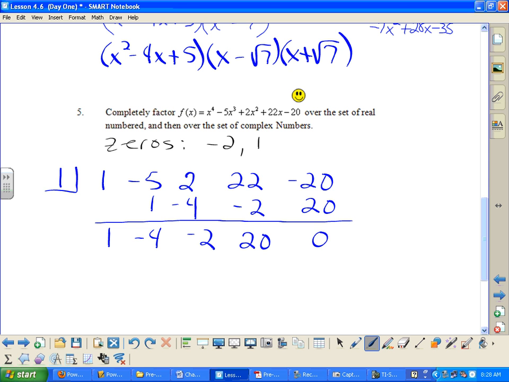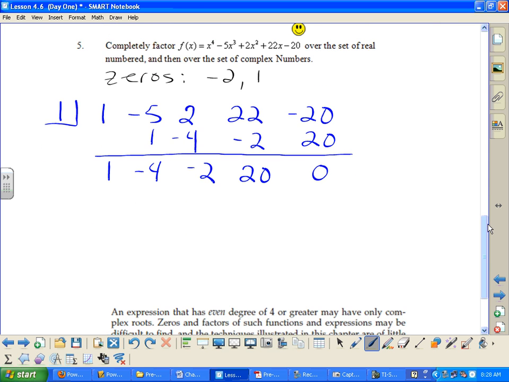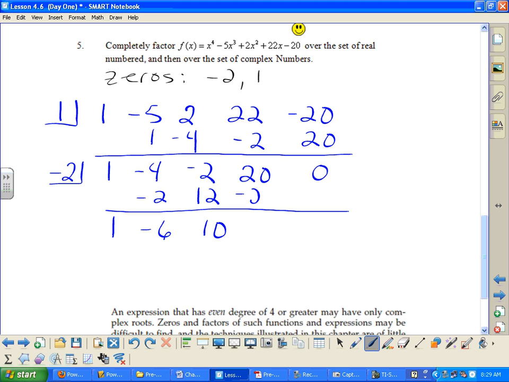After you do it with synthetic division with 1, then we're going to do synthetic division with negative 2, and use those same numbers you just got for your answer. And you should end up with 0.